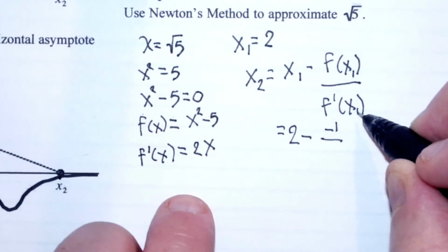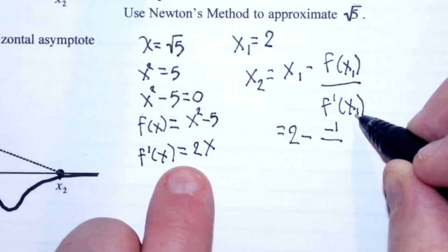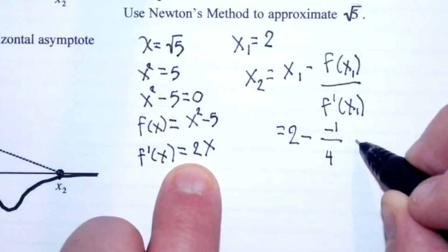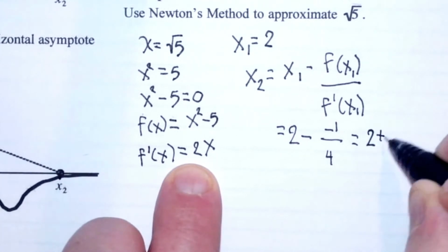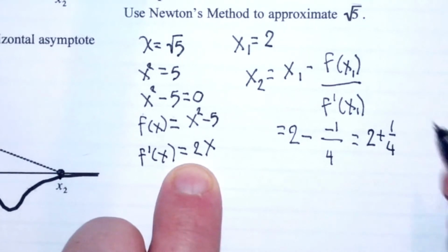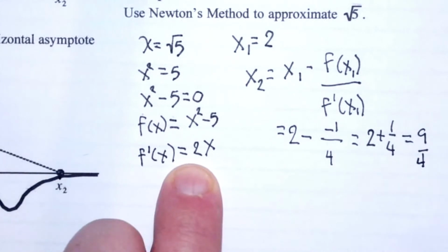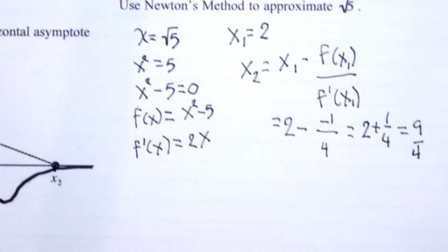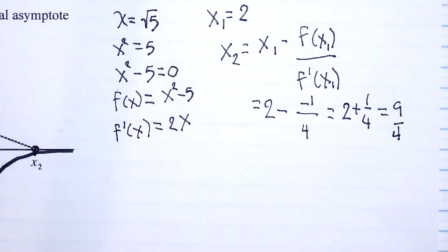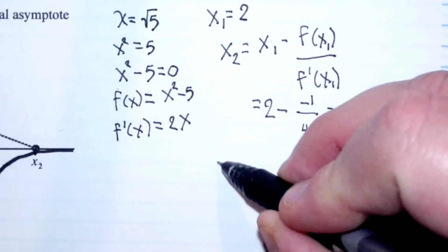And then f prime of 2 is 4, and that's going to be 2 plus 1/4, 2.25, but I think I'm going to write that as 9/4 because it'll be easier for the next iteration. So 2.25 is not a bad approximation. It's closer than 2. Well, let's go ahead and find x sub 3.